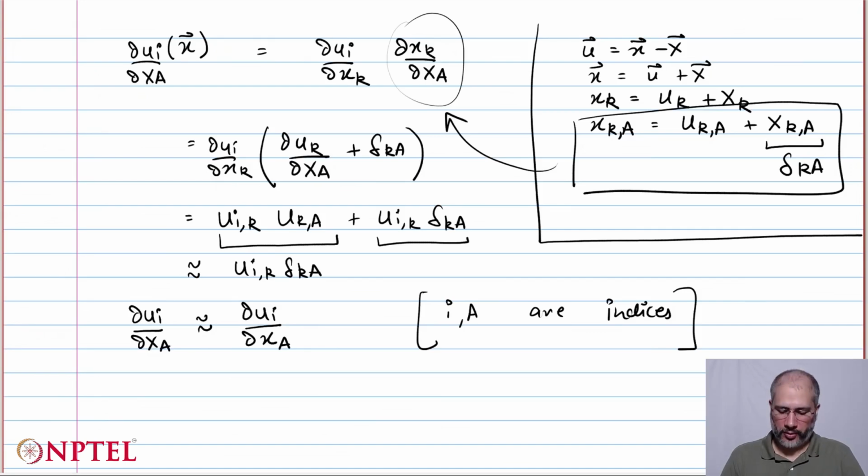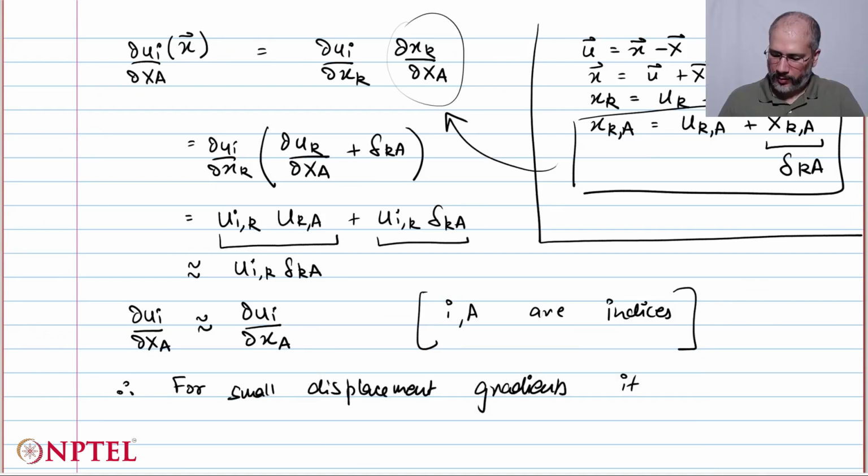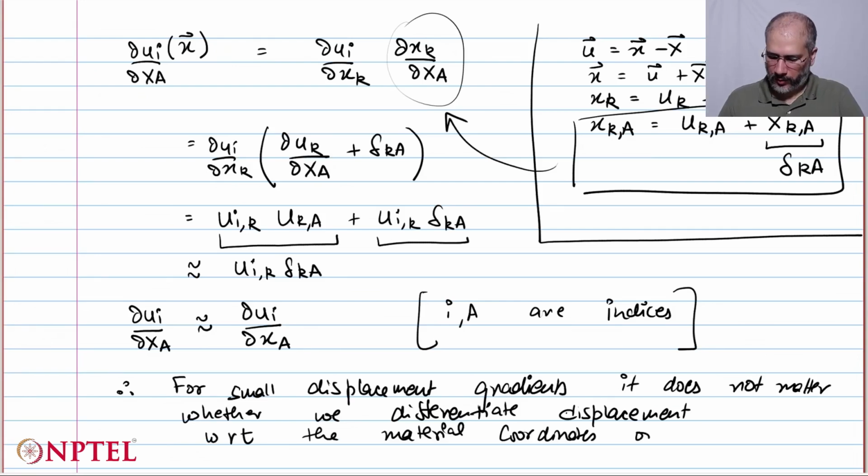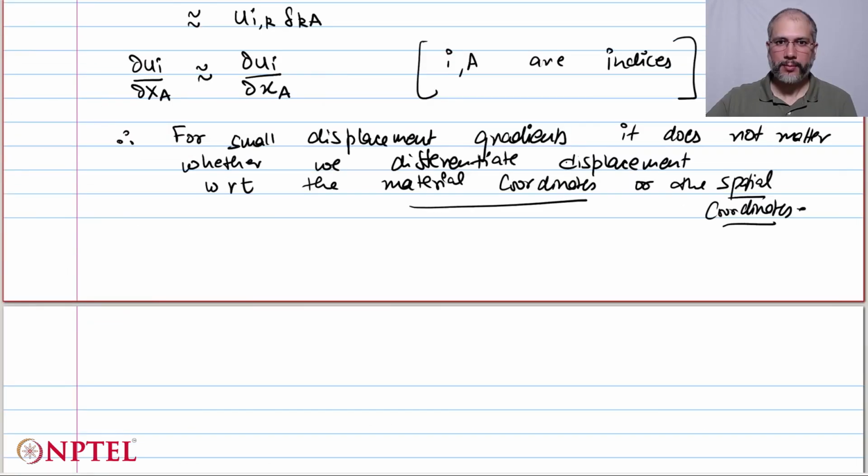So this tells us that for small displacement gradients, it does not matter whether we differentiate the displacement with respect to the material coordinates or the spatial coordinates. This actually is a very important point.